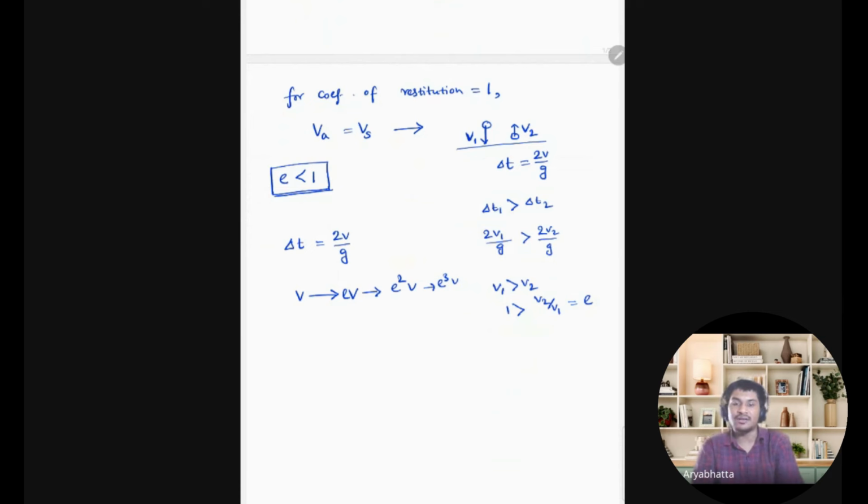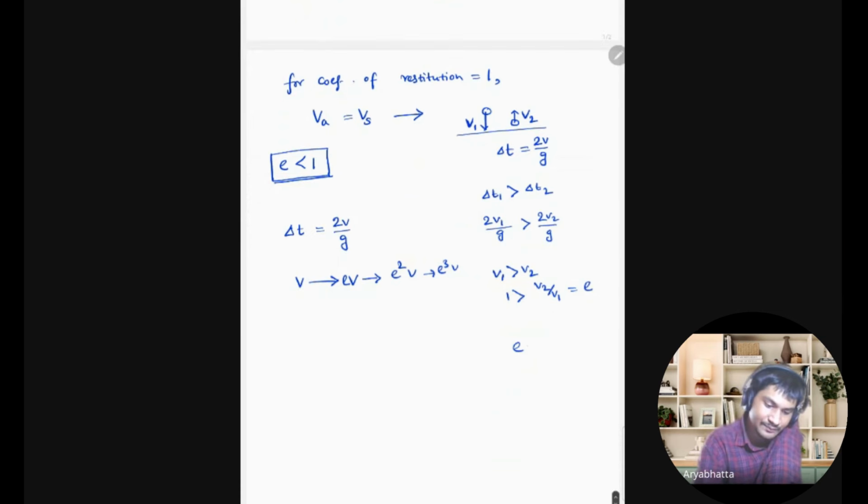After each collision, E is multiplied with the velocity of the ball because E is the velocity of separation by the velocity of approach. So velocity of separation equals E times velocity of approach. In this case, the velocity of approach was v, so the velocity of separation is ev. But this ev will be our velocity of approach in the next collision. So that's why our velocity for each successive interval will follow a GP series.